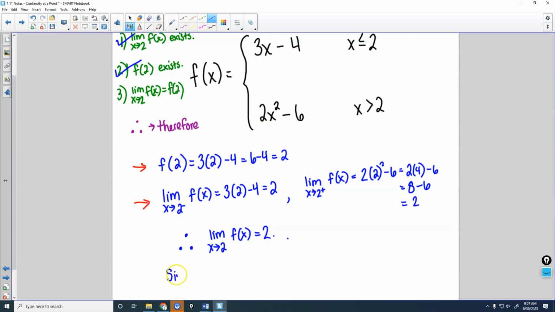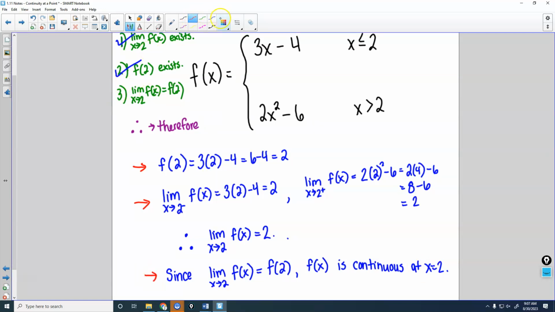We can say since the limit as x approaches 2 of f of x equals f of 2, f of x is continuous at x equals 2. So that is our third thing. We're making our final conclusion, and we have proven that this is continuous.